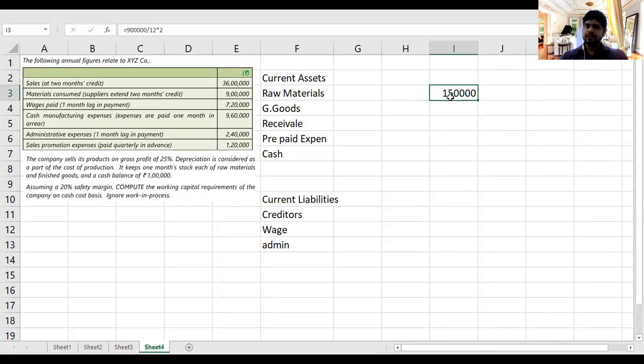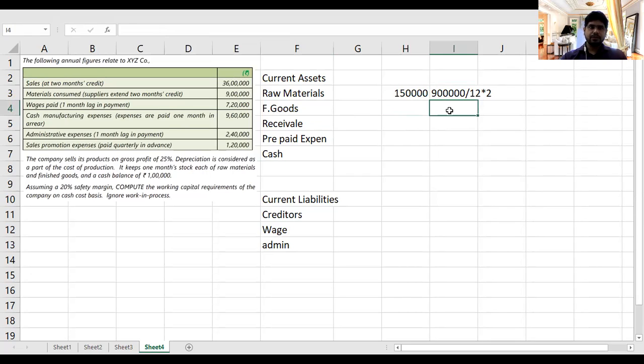It's about 150,000, right? Correct? 150,000. And what about finished goods? Finished goods.